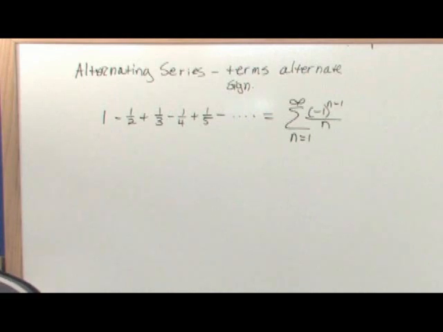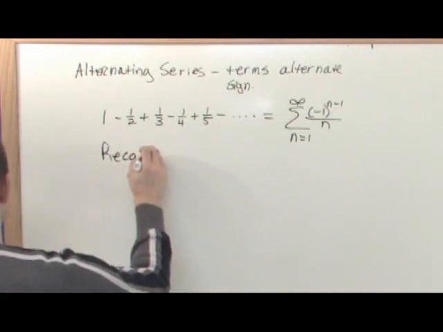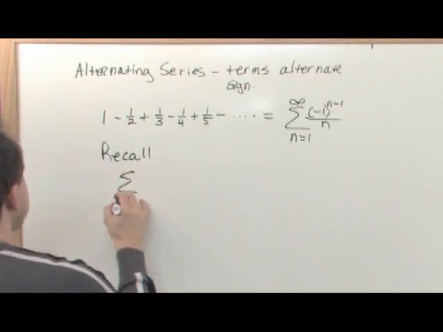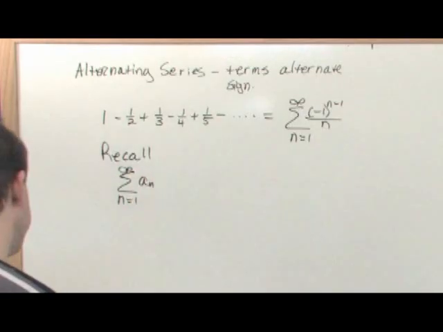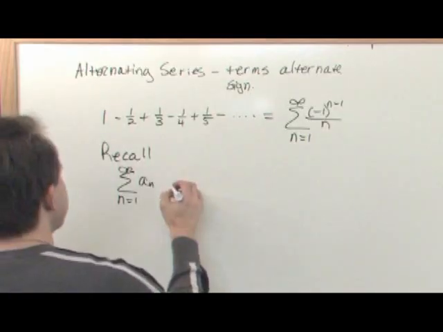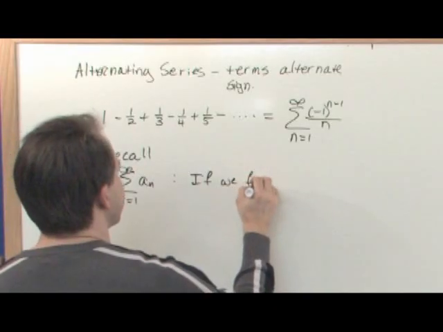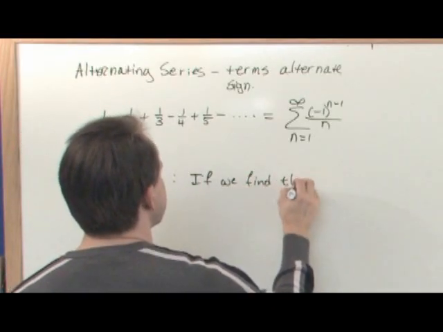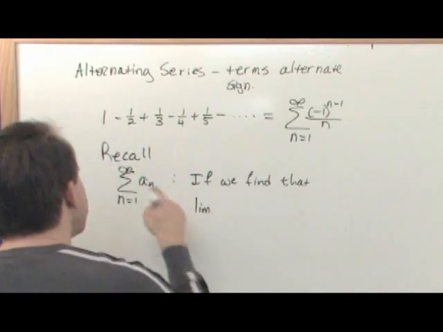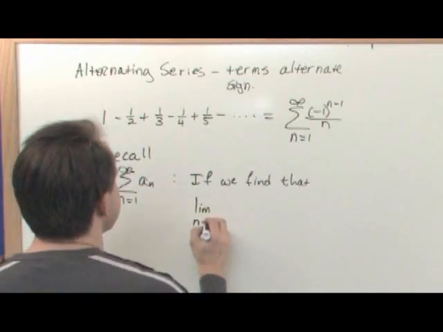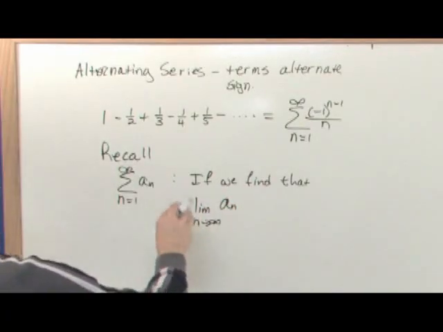So recall that in general, if I have a series, the sum from n equals 1 up to infinity of the terms a sub n, right, I'm adding them all up, if we find that the limit as n goes to infinity of a sub n, there's no summation here, I'm just looking at what the terms do.